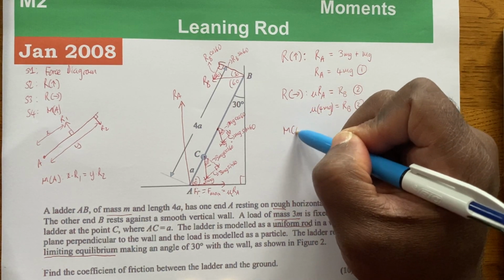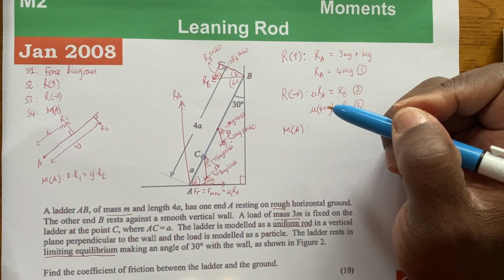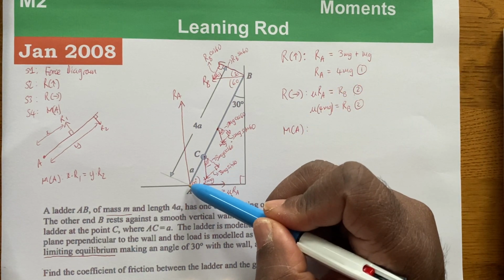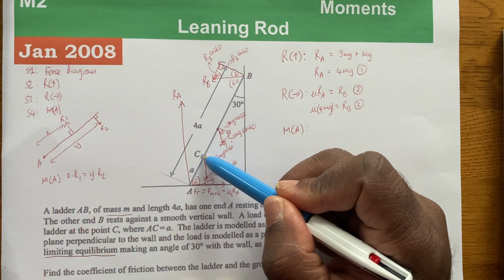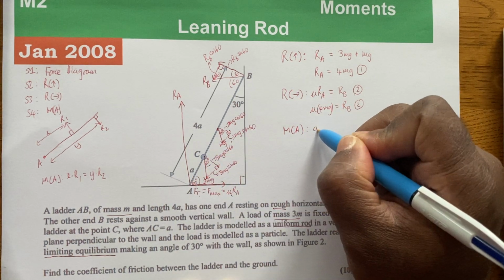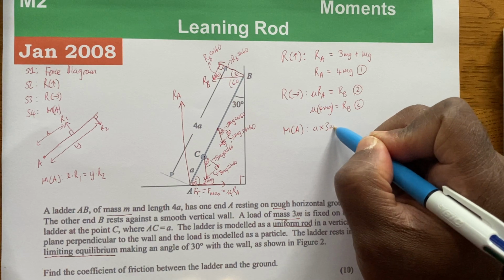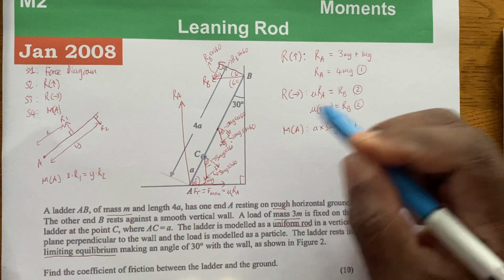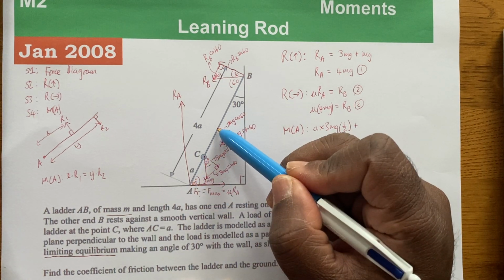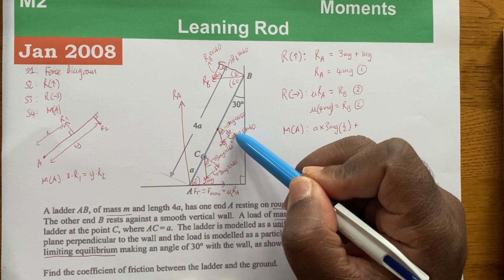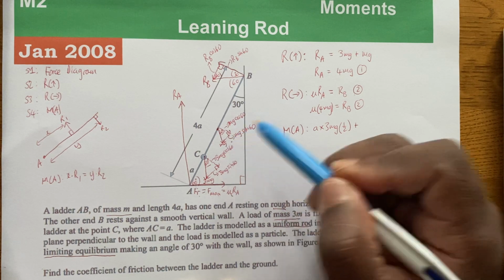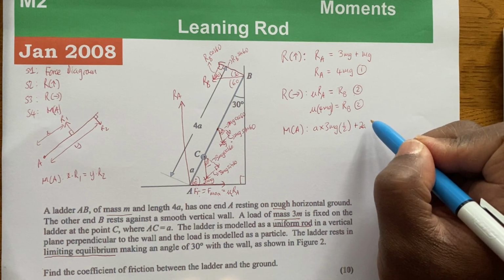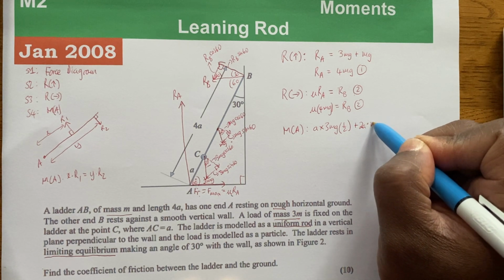Finally, we're going to take moments about the point A. So moments about the point A, as per formula, it will be the distance from the pivot point A to C, and that will be a. So a times 3mg cos 60. Cos 60, of course, is a half, plus the distance from A to the halfway point times the perpendicular component of force acting here, will be 2a times mg cos 60.